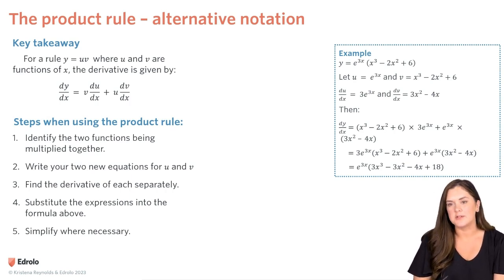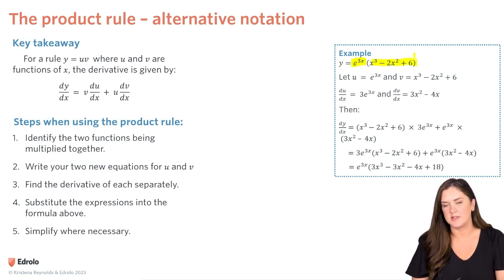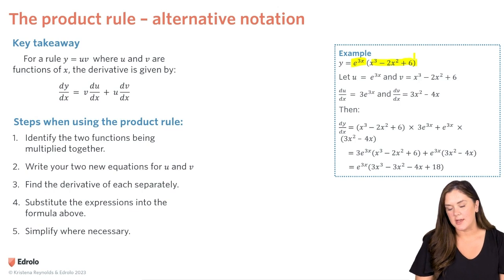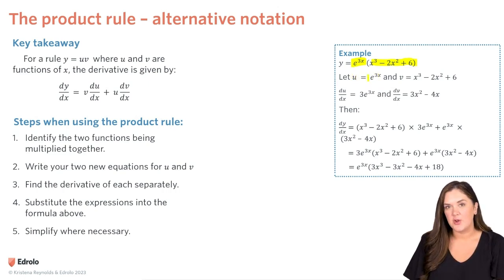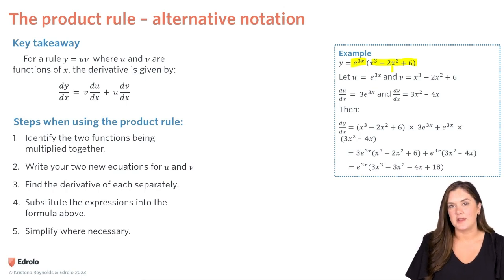So we've got y equals e to the power of 3x multiplied by x to the power of 3, take away 2x squared plus 6. Our two functions that are being multiplied together are this one here and then this one here, our cubic. So what we do then is differentiate them separately. I let u equal that first function and v equal the second one, and then differentiate them separately.